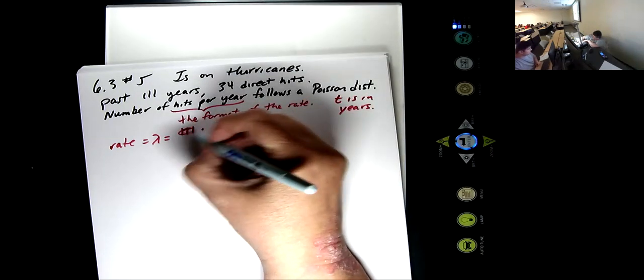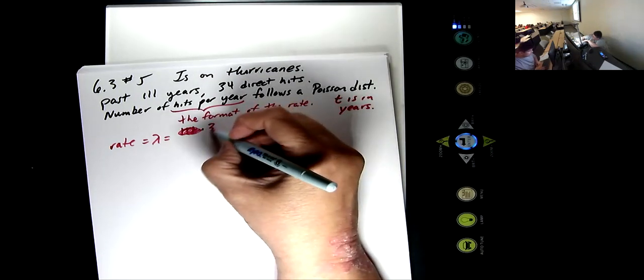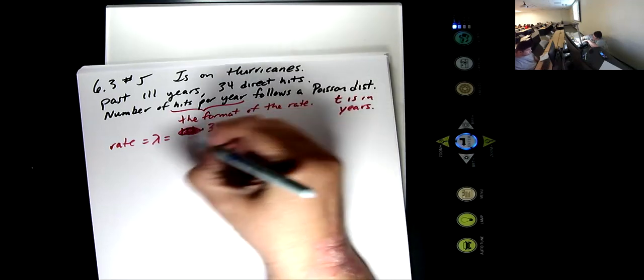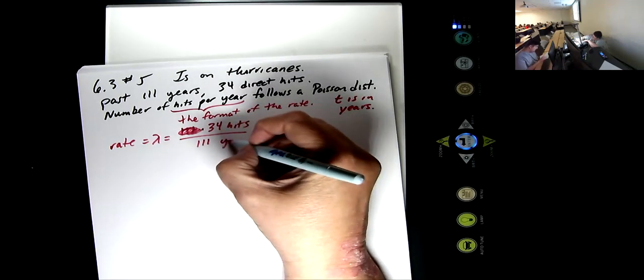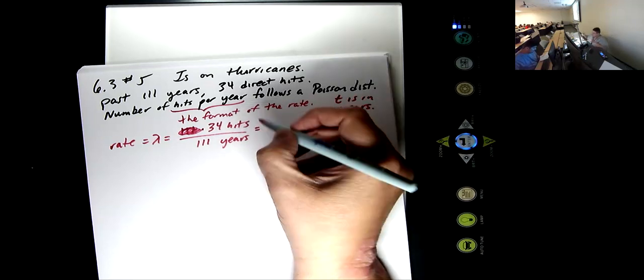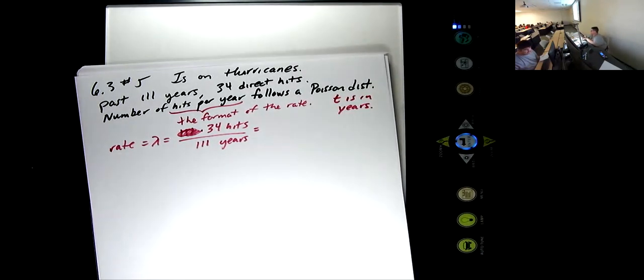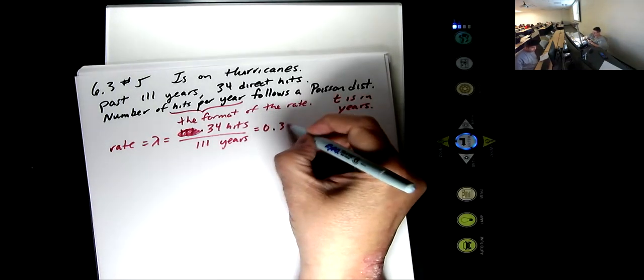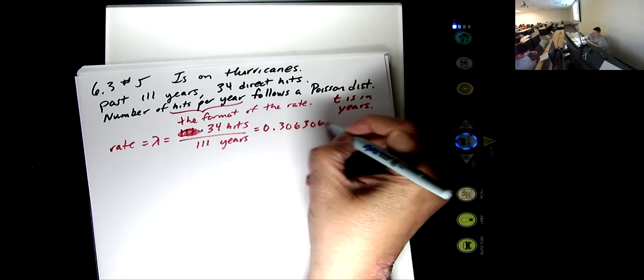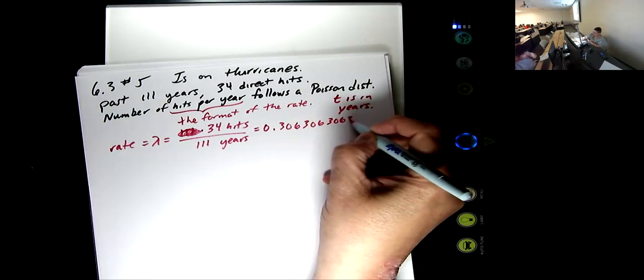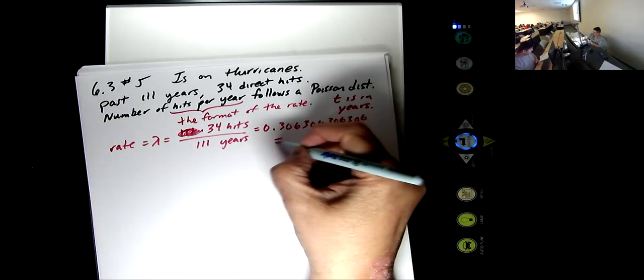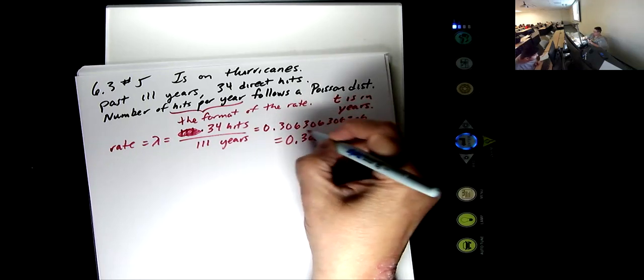Oops, nope, hits go on top. 34 hits over 111 years. If I do this in a calculator, I will get my lambda. 34 divided by 111 is 0.306306. It keeps going. That can be written as 0.306 with a bar over it.